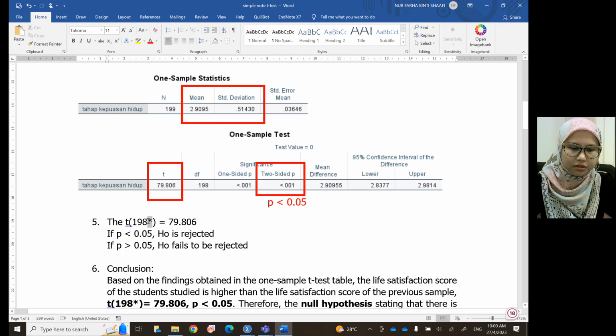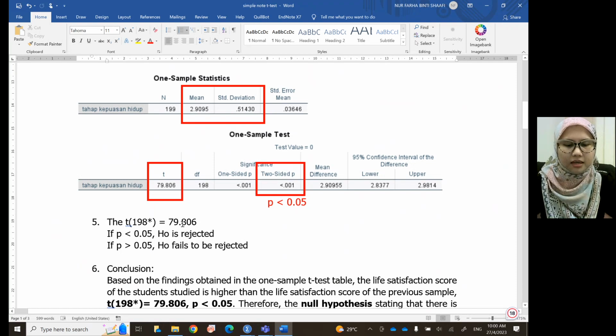That's why I put star here, so that you will not get confused with your sample number. So here you write T in the bracket 198 star equals to 79.806. So here we know that our t-test value is 79.806.